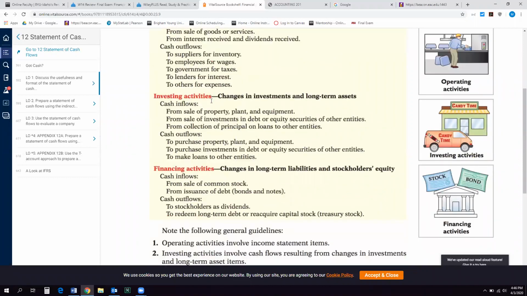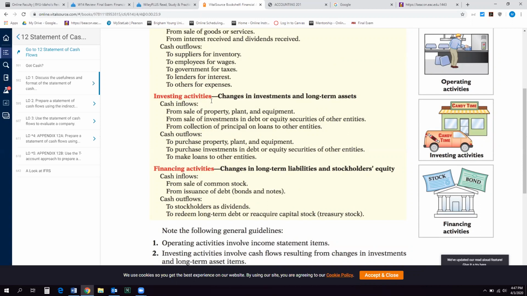Then the investing activities section is typically things that have to do with our large fixed assets, things like sale of property, sale of investments, sale of equipment, or if we collect principal on loans that we've loaned to other people. Those are all considered inflows from investing activity, and outflows would be the purchase of those, or making loans, or purchasing investments.